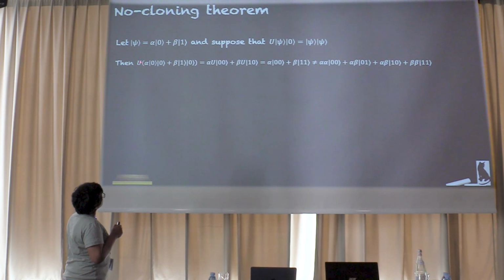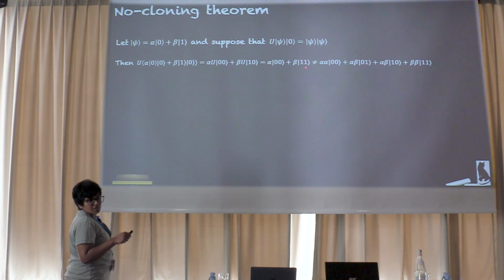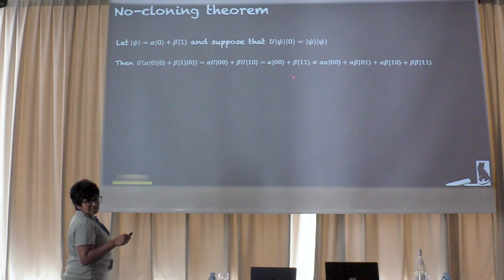Now what I get here, you take out alpha, it's a scalar multiplication. You do U on 0, 0. U on 0, 0 is nothing but 0, 0, so that remains fine. You then do U on 1, 0. U on 1, 0 becomes 1, 1. So now your unitary, which is supposed to do psi psi, doesn't do psi psi, but does this instead. Now this state is not equal to this state.